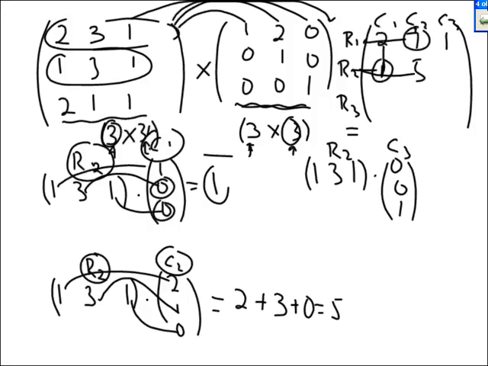Notice, the row is 2. The column is also 2. Now I do row 2 with column 3. First two numbers get multiplied by 0, so the result will be 0 plus 0 is 0, plus 1 times 1 is 1. 0 plus 1 is 1. Row 2, column 3 is right there.